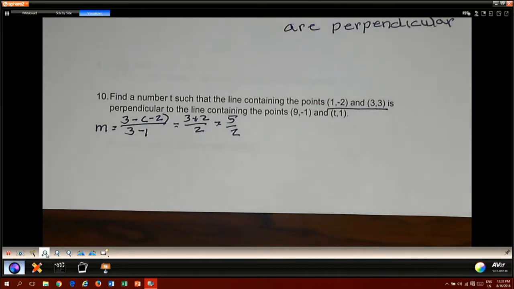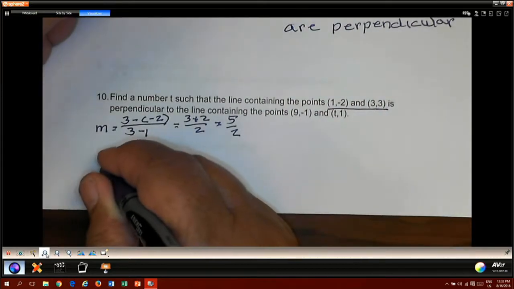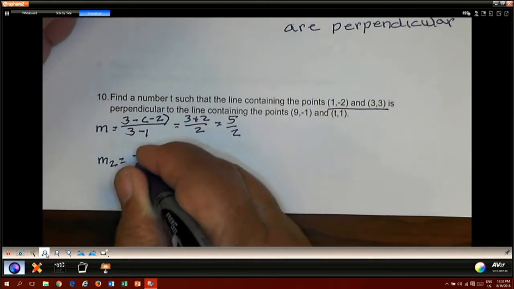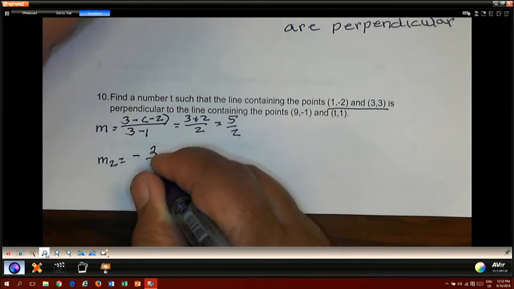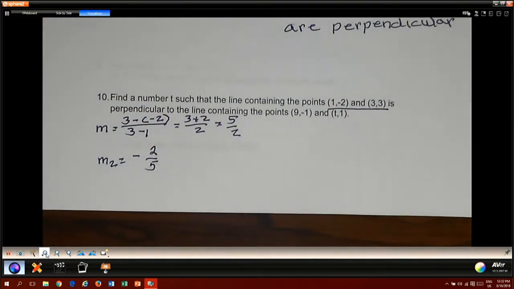Now, for the product of the two slopes to equal negative 1, that means the slopes are negative reciprocals. So the second slope is going to be the opposite sign, and we flip over the first slope.